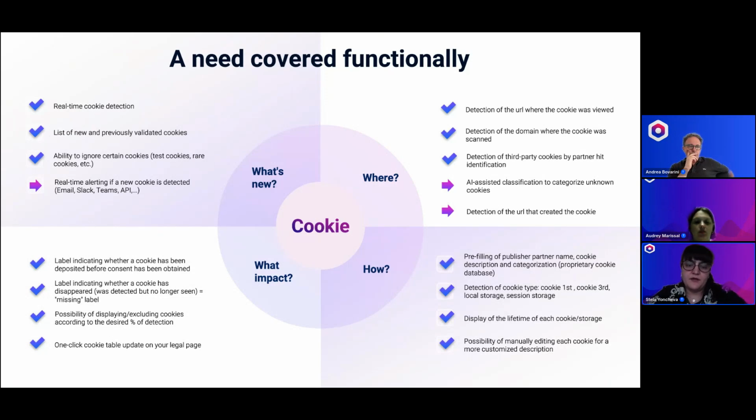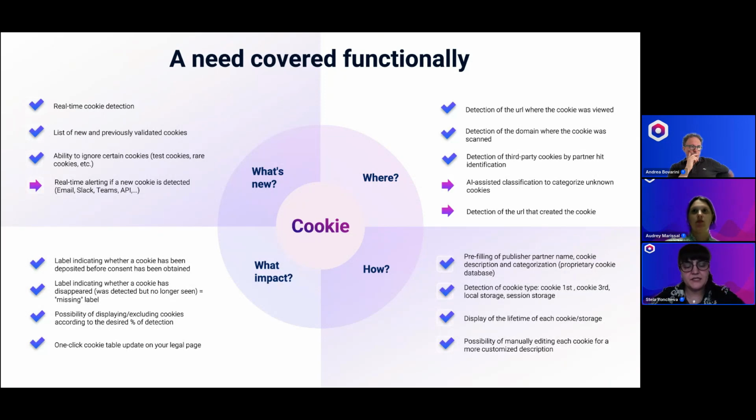By pre-filling of the publisher partner name and the cookie descriptions. Then we have the display of the lifetime of each cookie, if it's a session, storage, whatever. The possibility of manual editing of each of the cookies. And then we also have the detection of the type of the cookie: first-party cookie, third-party cookie, hidden cookie, session, local, or whatever.